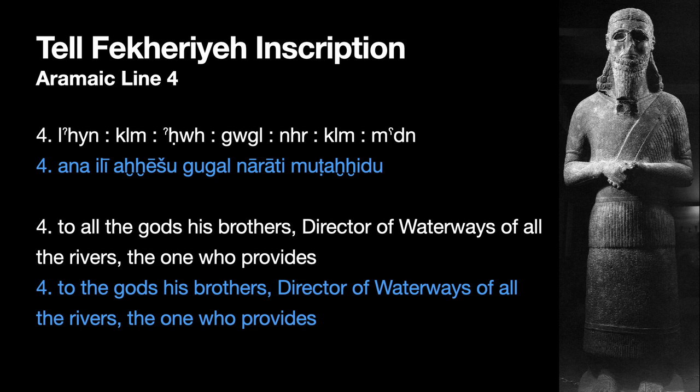And that's going to translate to something like, to all the gods, his brothers, the director of waterways, of all the rivers, the one who provides, right? So again, I chose director of waterways instead of canal inspector, because we're talking about rivers here, not just canals, right? So a waterway might be a better choice, at least in my head.